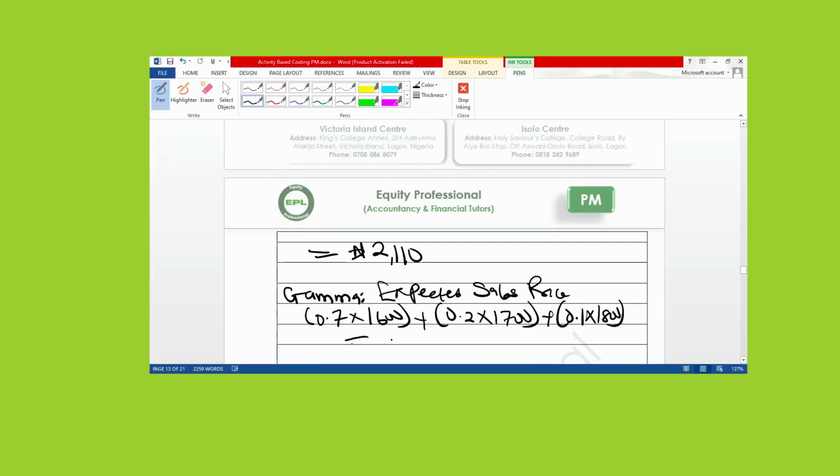Final answer: 1,640. You have calculated expected sales prices for the 3 products. Next, the profit or loss resulting from using activity-based costing and traditional costing system.